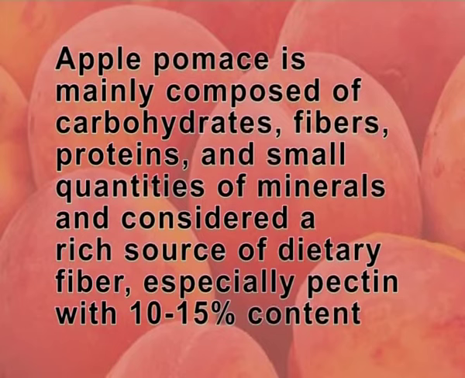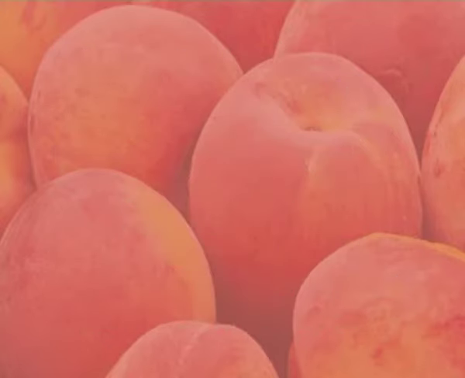Apple pomace is mainly composed of carbohydrates, fibers, proteins and small quantities of minerals, and is also considered a rich source of dietary fiber, especially pectin with 10 to 15% content. The feasibility of the processing operation of pectin production and its wide use in various applications make pectin extraction an effective way to utilize apple pomace.